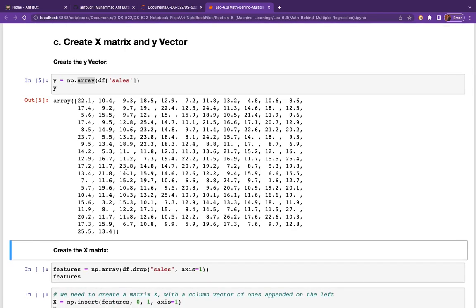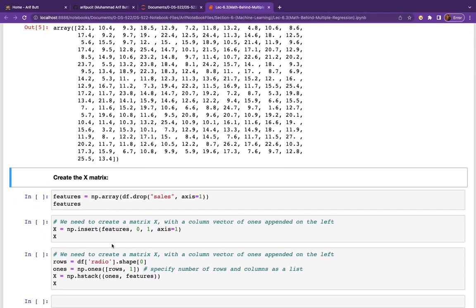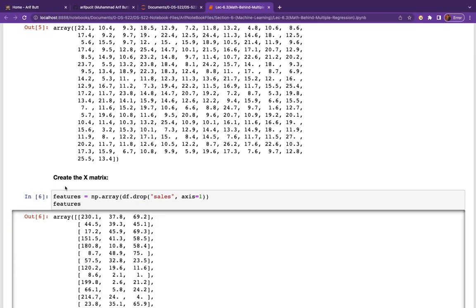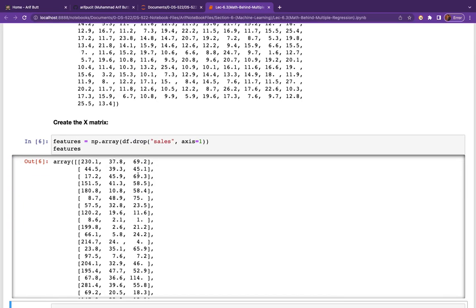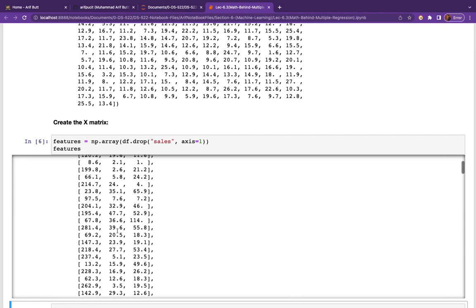Let us now create a feature matrix, and this can be done by just dropping the output column sales from the data frame. So let me execute this. So you see now we have a matrix having 200 rows of course and just 3 columns.